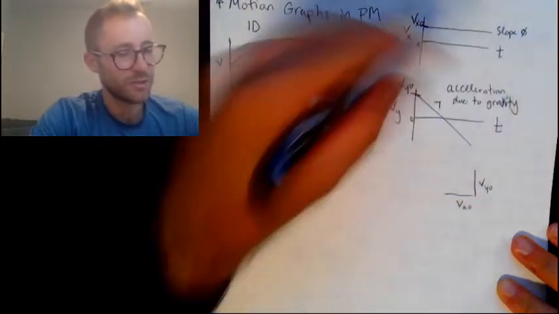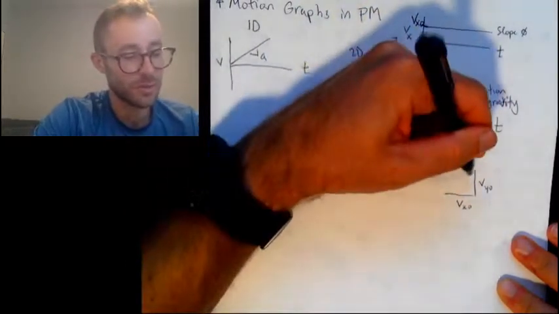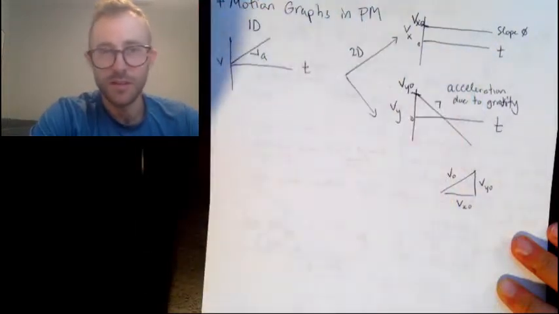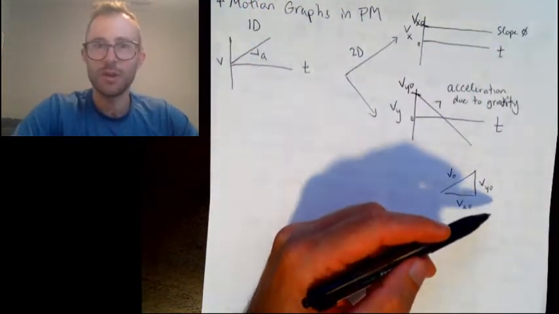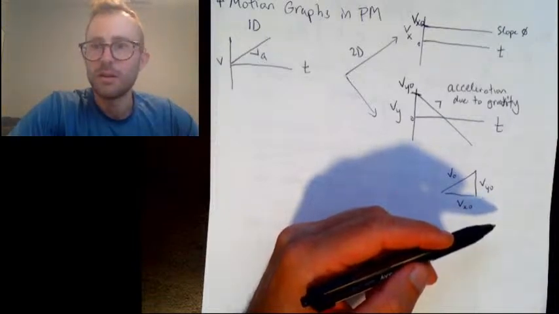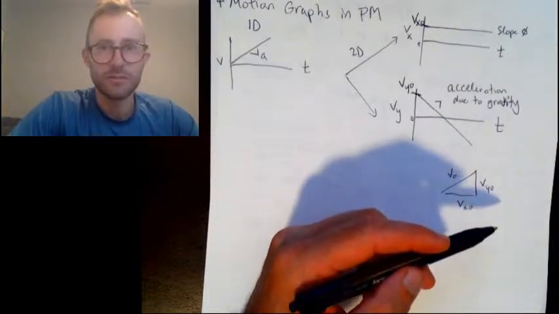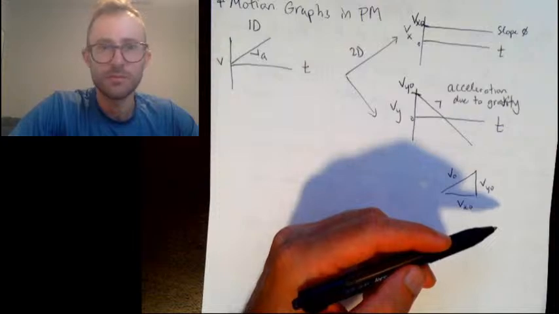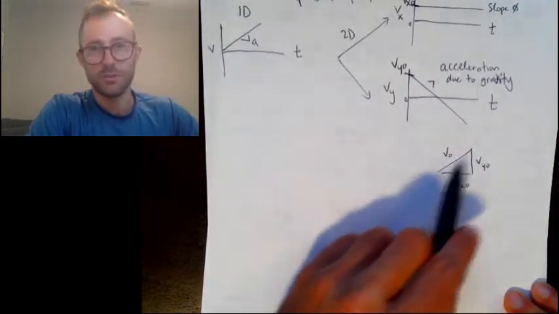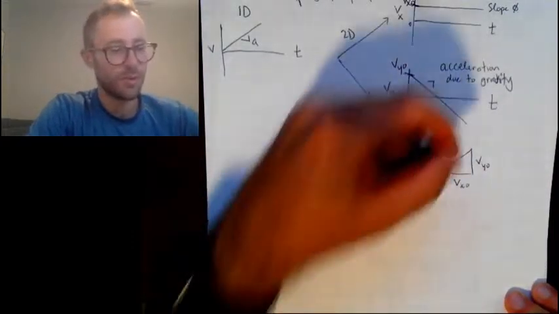And we could actually use these two values to determine the launch speed. Okay? If you know the two legs of a right triangle, then you can get the hypotenuse, which is the launch speed, using the Pythagorean theorem.